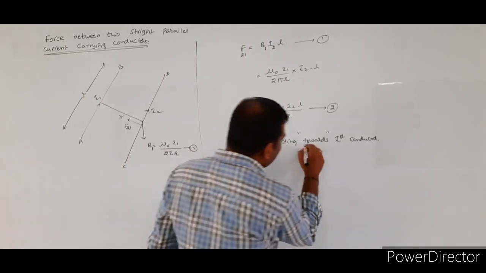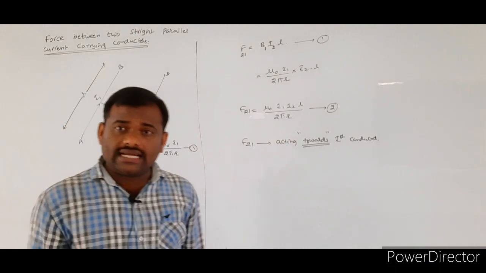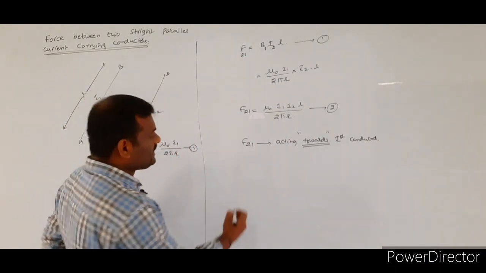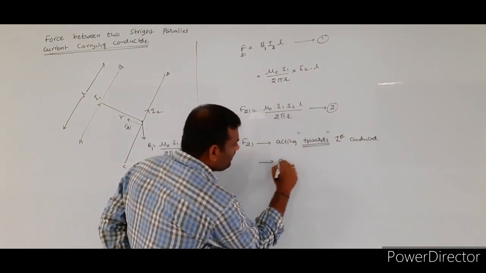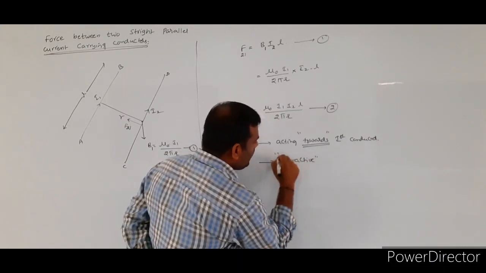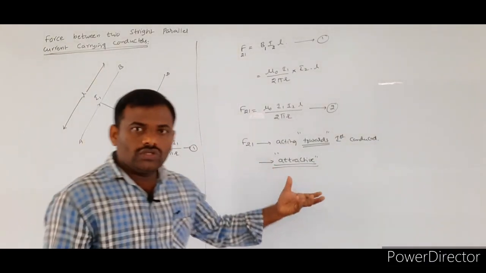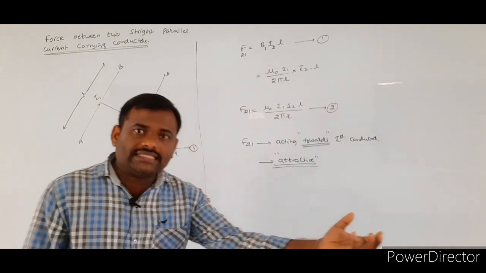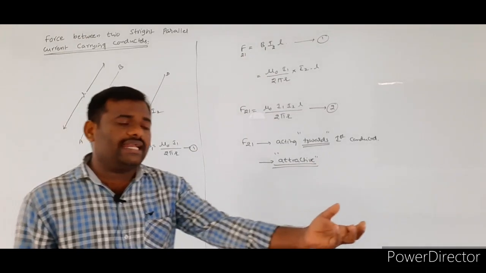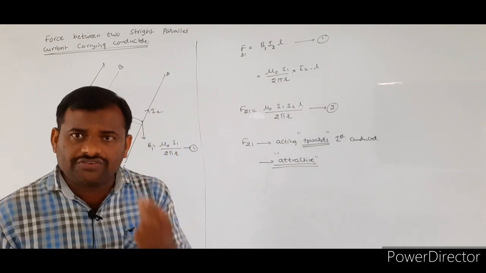So what is the meaning of the force acting towards the first conductor? The nature of the force is attractive. The nature of the force is what? Attractive. The first conductor is attracting the second conductor, meaning an attractive force is acting towards the first conductor.